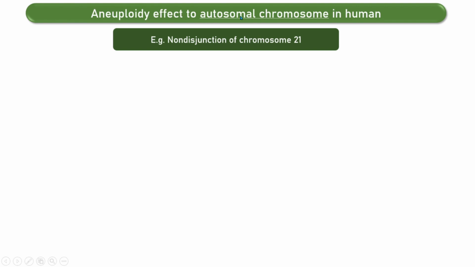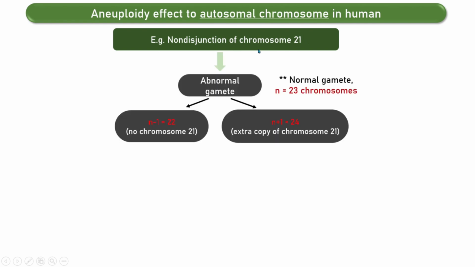The effect of aneuploidy on autosomal chromosomes in humans can be seen by using non-disjunction of chromosome 21 as an example. Non-disjunction of chromosome 21 will produce two types of abnormal gametes: n-1 with no chromosome 21 and n+1 with an extra copy of chromosome 21.